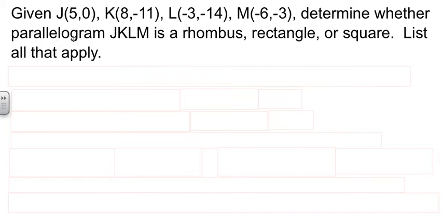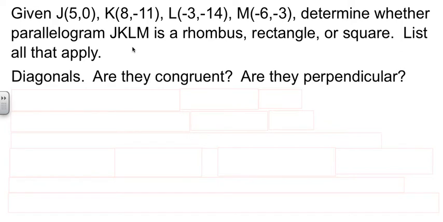Here they're telling us it is, so we don't have to test for that. So we can go straight to looking at the diagonals, and we have to ask ourselves two questions. Are they congruent? Because if they're congruent, that makes it a rectangle. Are they perpendicular? Because if they're perpendicular, that makes it a rhombus. And if we get yes to both things, then we say it's also a square.